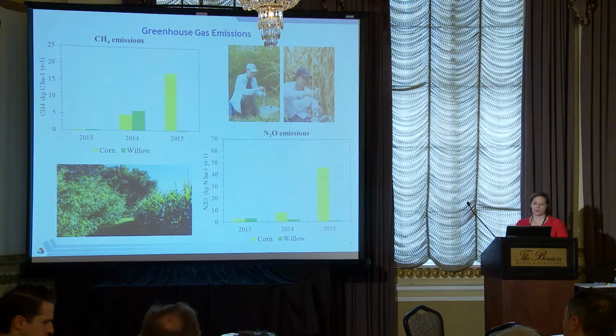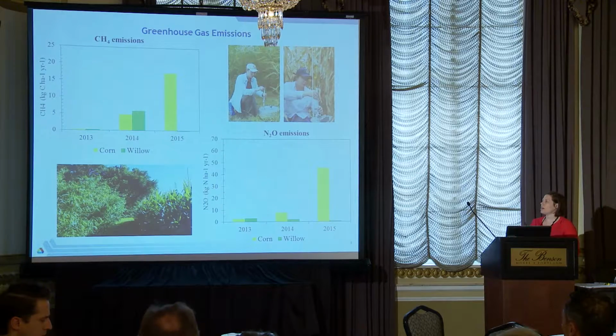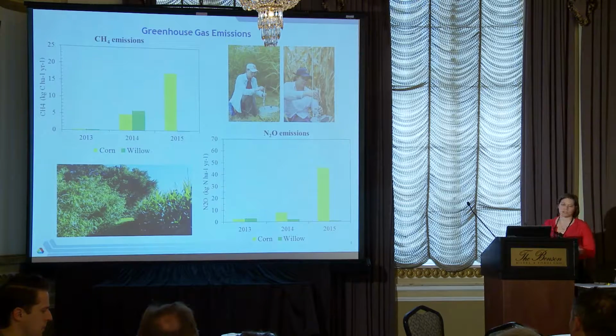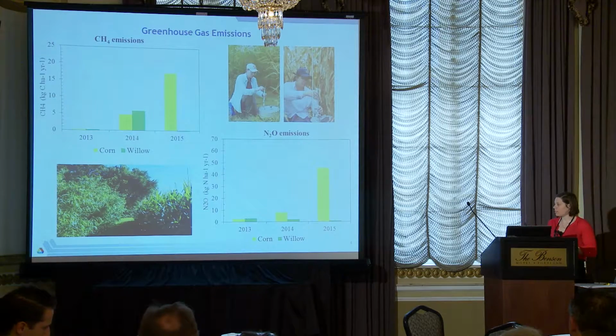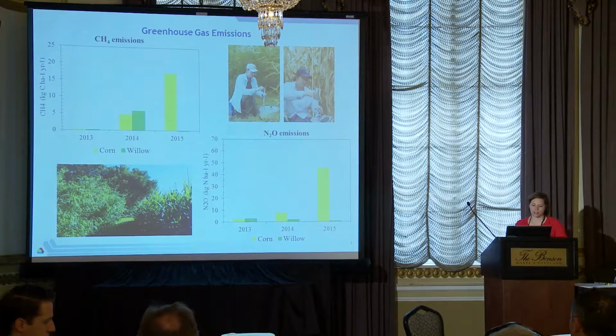And just to make sure that under this new integration system we're not increasing greenhouse gas emissions, we looked at greenhouse gas emissions from soil respiration under these two cropping systems, and we find in 2015 there's a statistically significant difference in both our methane and nitrous oxide emissions, and this is primarily due to the fact that we're now getting canopy closure.